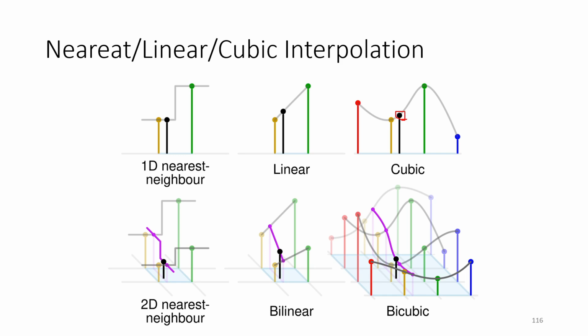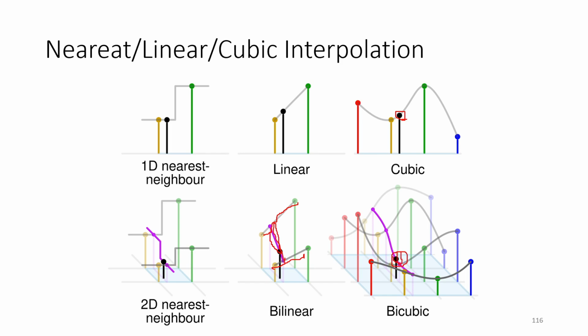For 2 dimensions, it is the same. For nearest neighbor, I use the value closest to me. For bilinear, there is a first linear function and a second linear function, and then an additional interpolation. For bicubic, there are 16 points, and I use a surface in 3-dimensional space to decide my value.